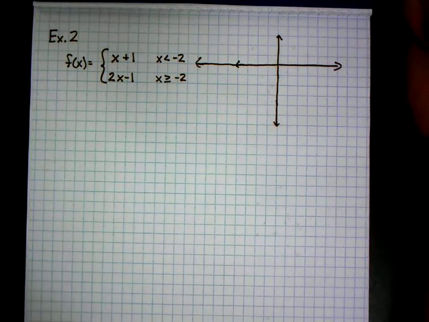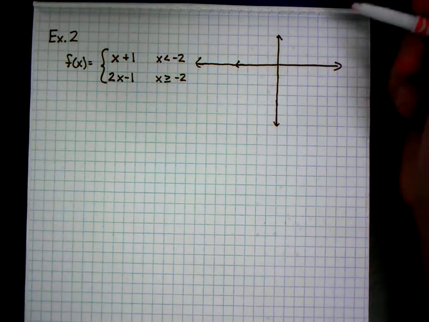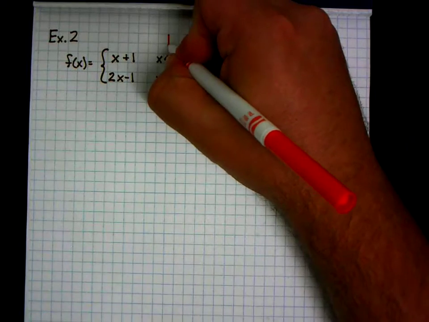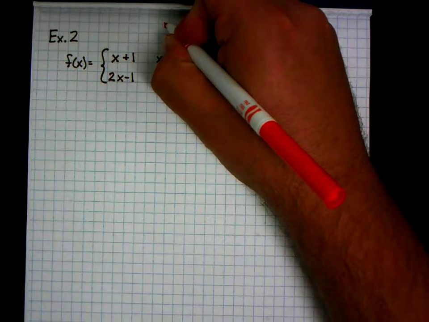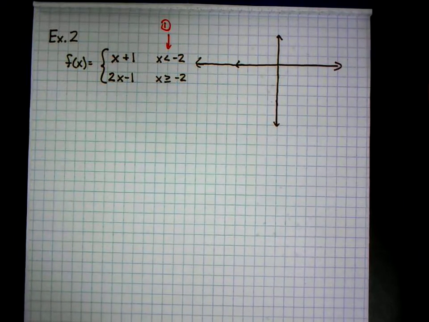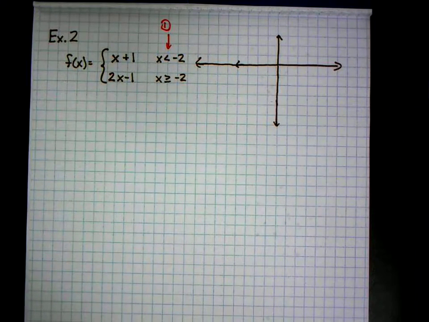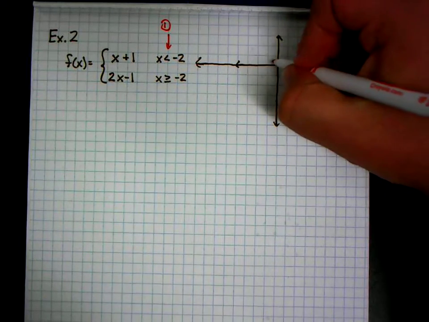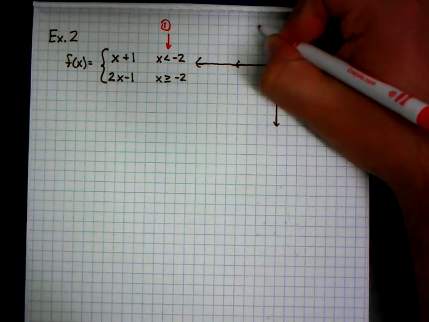All right. I usually suggest starting here, doing this first. Take your graph and split it apart, because technically what we have here is two graphs. So I'm going to split my graph at -2.